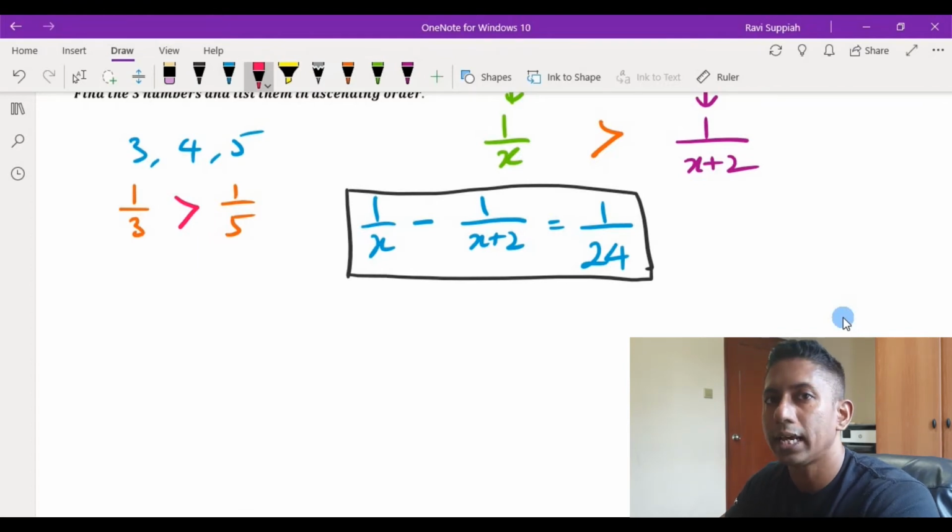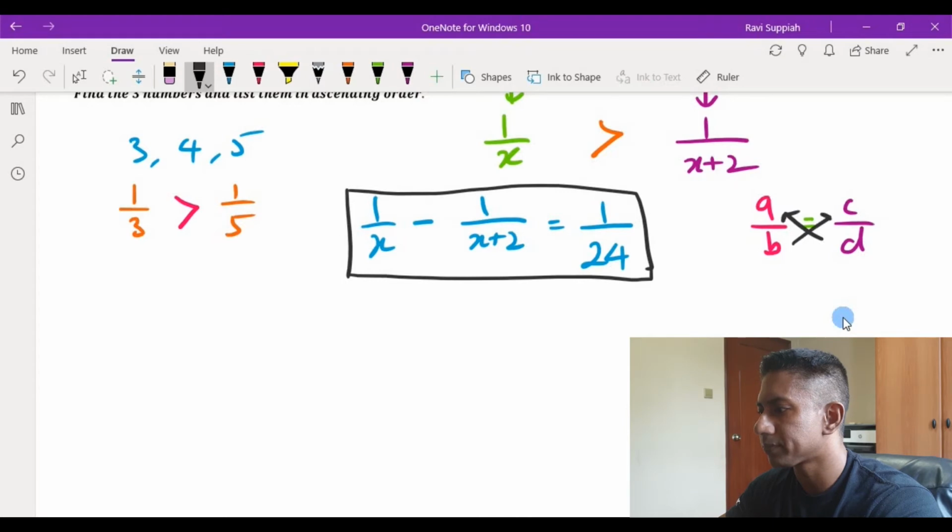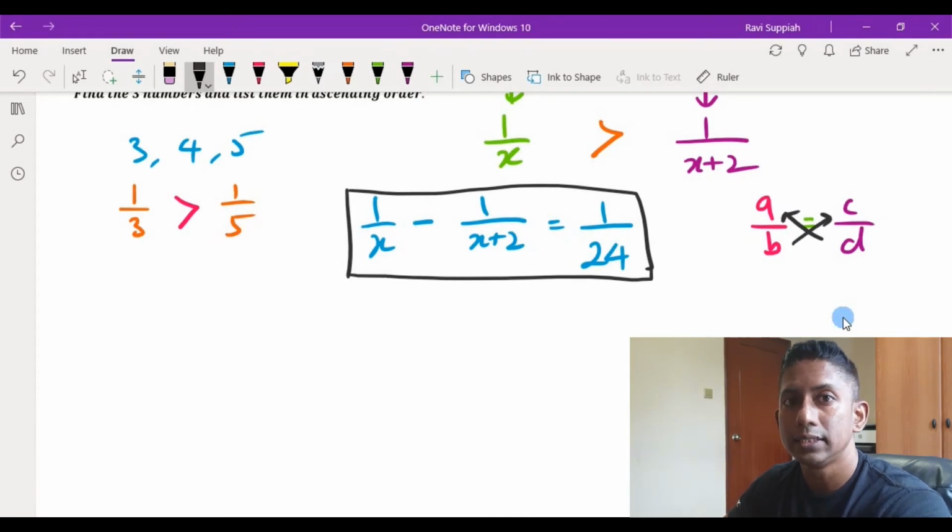On the left hand side I have two fractions, and on the right hand side I have a single fraction. Always remember, in order to do any cross multiplication, you must have a single fraction on the left hand side, for example a over b, and a single fraction on the right hand side, c over d. Then I can go ahead and do the cross multiplication. So on the left hand side I need to make a single fraction.